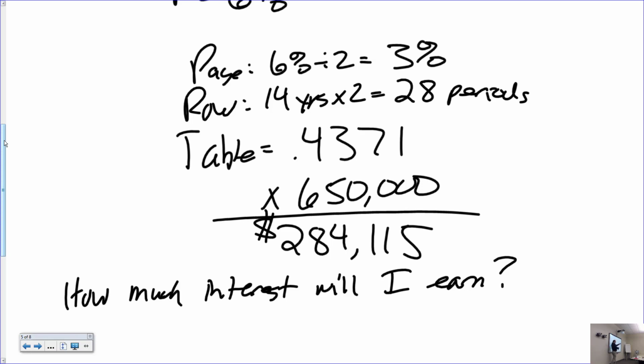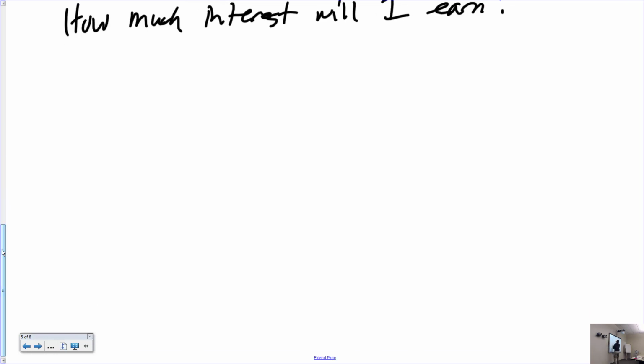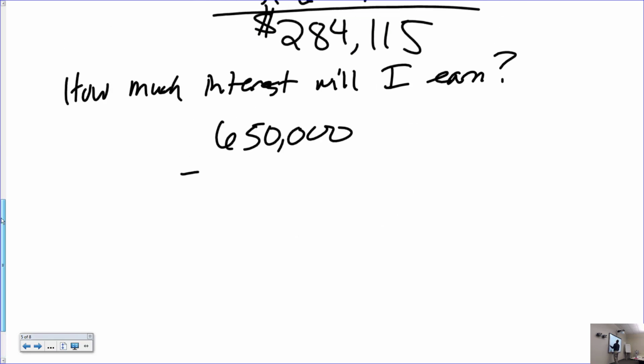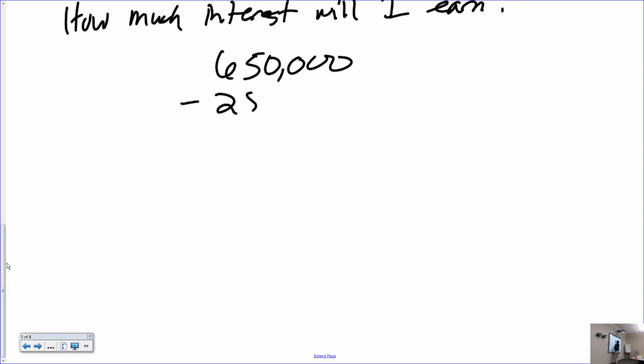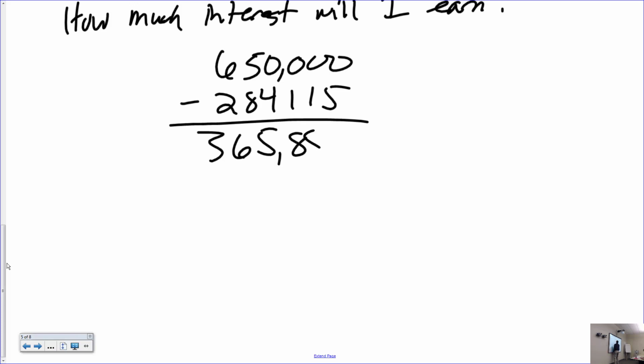The difference between what you put in and what you take out, that's always interest. So we're at 365,885. More than doubling your money over those 14 years, folks.